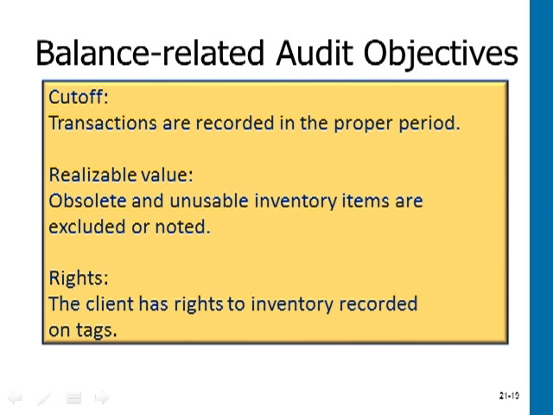We also look for cutoff, realizable value, and rights assertions to ensure that transactions are recorded in the proper period, that obsolete and unusable items are excluded or noted, and that the client has rights to inventory counted. That is, that they're not counting something that someone else owns or that title hasn't passed to the client for.